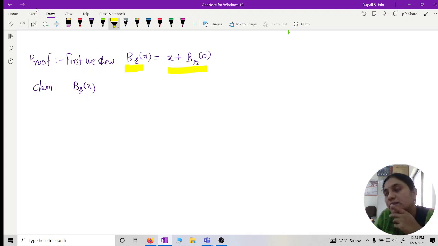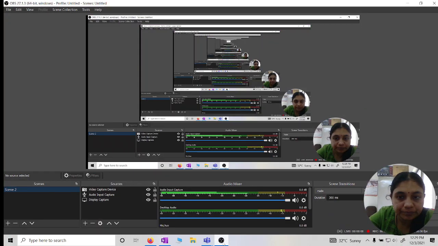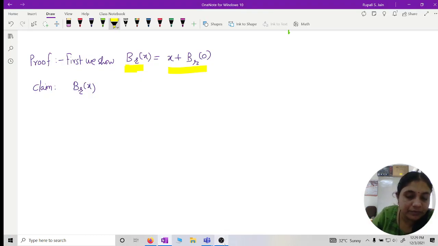When we say that two sets are equal, their elements are equal. But how, when we say that A is equal to B, how will we show that? A is a subset of B and B is a subset of A. Then we say that they are equal.